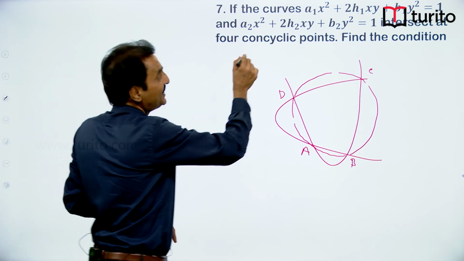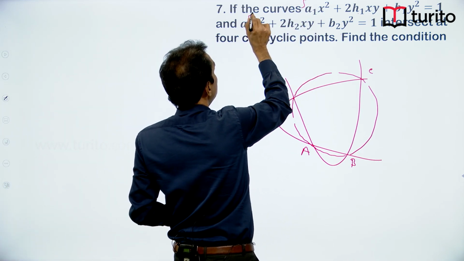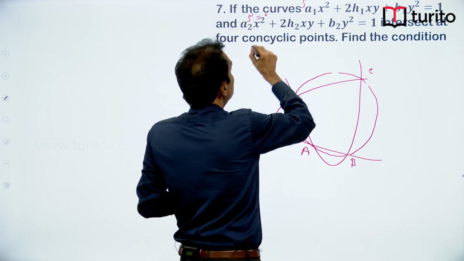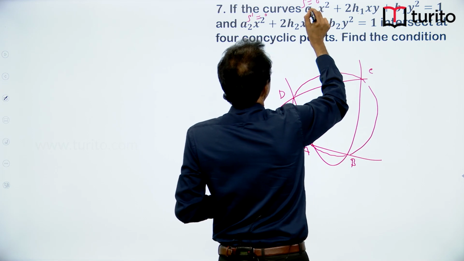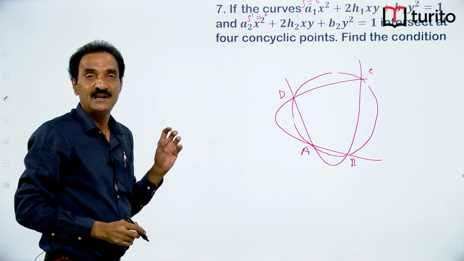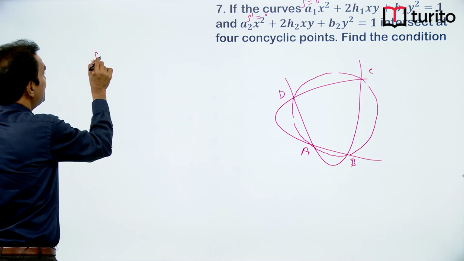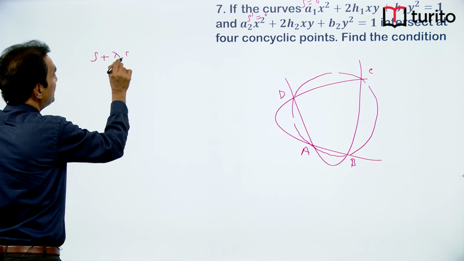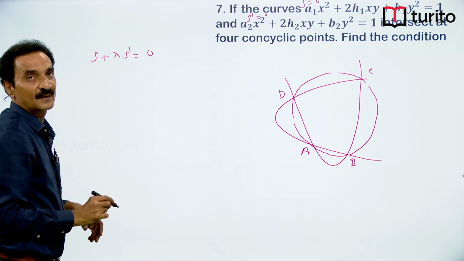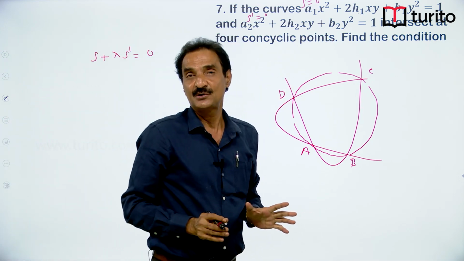If the first equation is S, second equation is S dash, first equation is S is equal to 0, second equation is S dash is equal to 0. Now we can take a second degree equation containing both S and S dash as S plus lambda S dash is equal to 0.